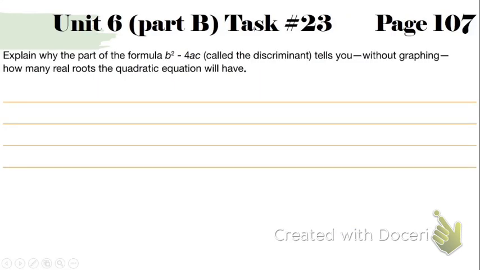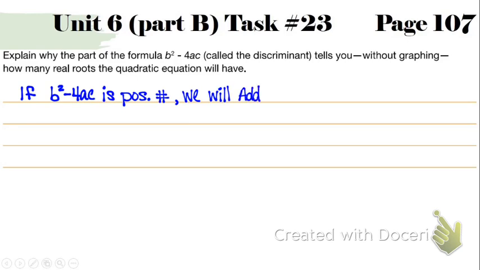All right. This is on page 107, by the way. You might want to jot this down real quick up on those upper lines. If b squared minus 4ac is a positive number, we will add and subtract and get 2 answers.